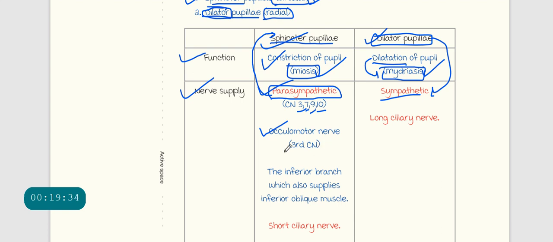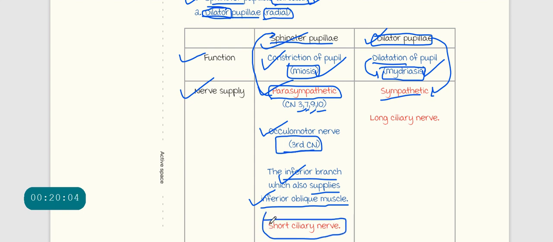The inferior branch also supplies the inferior oblique muscle. The short ciliary nerve also supplies the sphincter pupillae. The dilator pupillae is supplied by the long ciliary nerve. So basically, in the sphincter the short and in the dilator the long ciliary nerve is supplying.